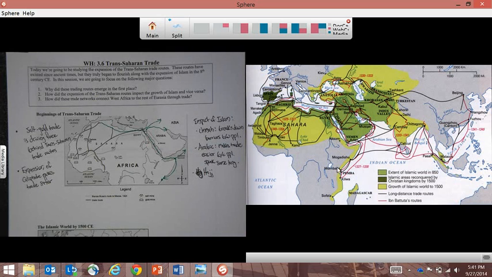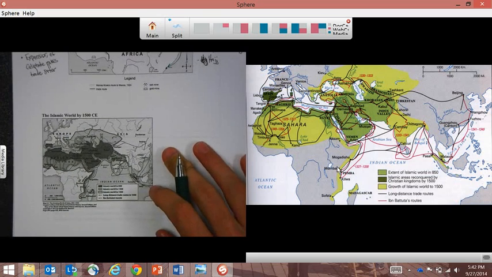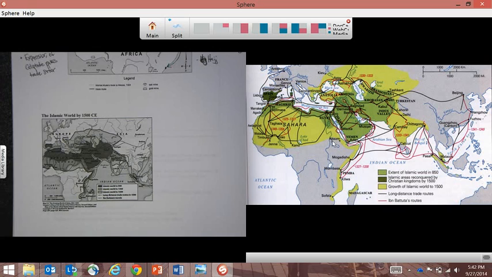And as you can see on this map at the bottom, which is basically the map that I'm showing you over here to the right, these Swahili city-states are basically a meeting point between the Trans-Saharan trade network and the Indian Ocean trade network.